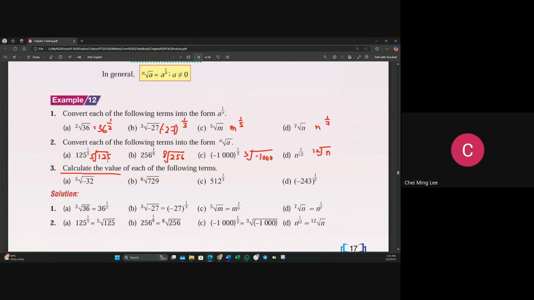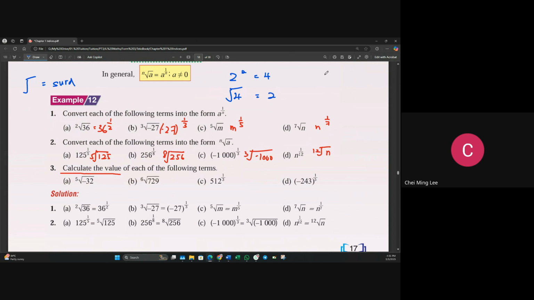This one we call the cube root. Okay, so it's like 2 to the power of 3 is equal to 8, correct? So the cube root of 8 is equal to 2.